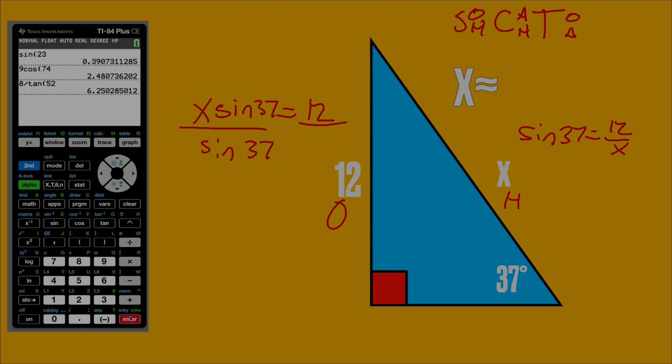So we're going to do 12 divided by the sine of 37. If this is correct, x will be bigger than 12 because we are looking for the hypotenuse. Enter, and that gets us approximately 19.94 if we round to the nearest hundredth.